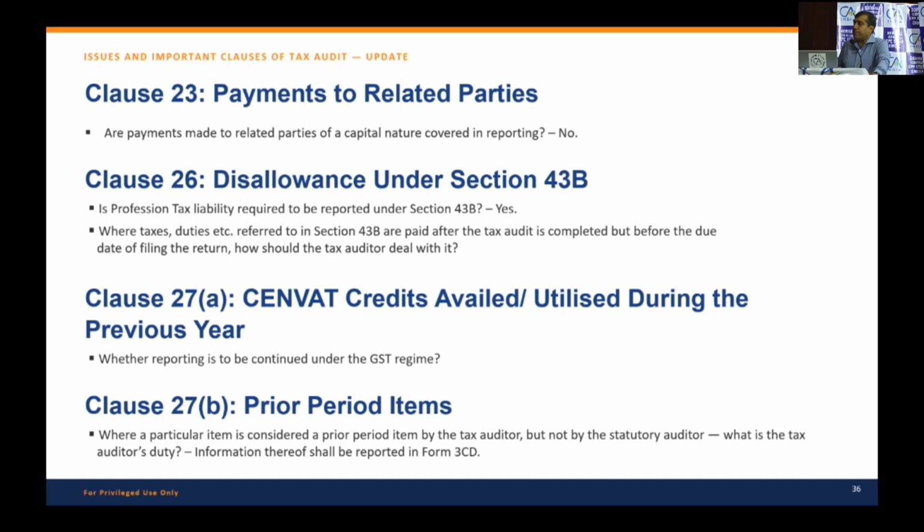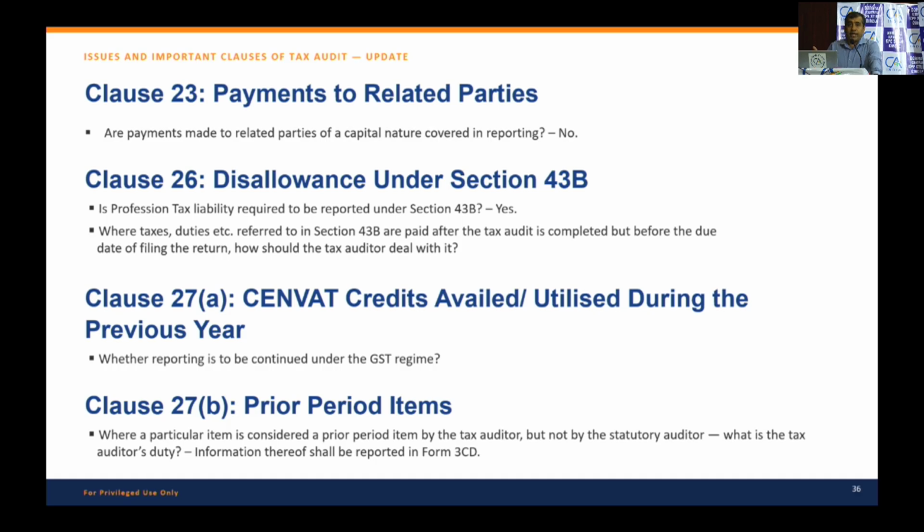Therefore, you will actually report expenses. Under the Cenvat clause, people are still reporting GST. The answer is no, GST shall not be reported. Purely Cenvat, which was in the nature of excise, only those transactions have to be reported here. GST ITC should not be reported under this para, is something we should keep in mind.